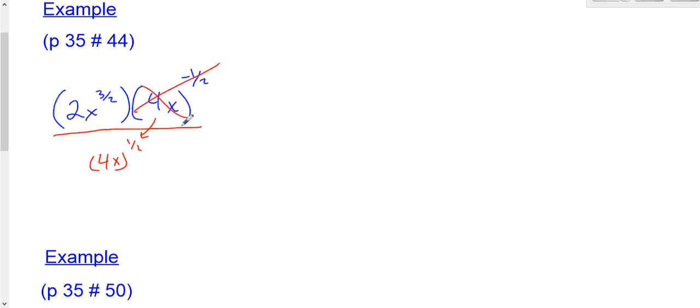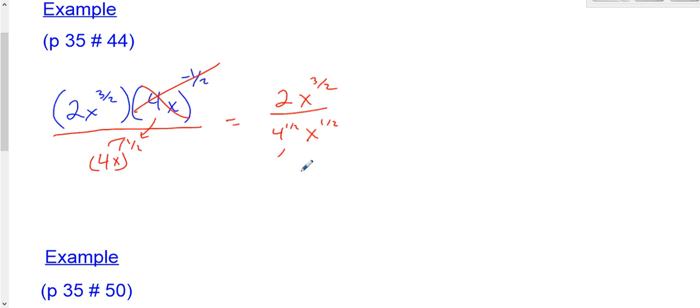So that will cancel out on the numerator. And at this point, I need to distribute the exponent of 1/2 to both the 4 and the x. And so what I will get is 2x to the 3 halves over 4 to the 1/2 and x to the 1/2.